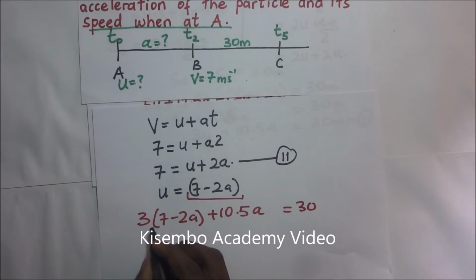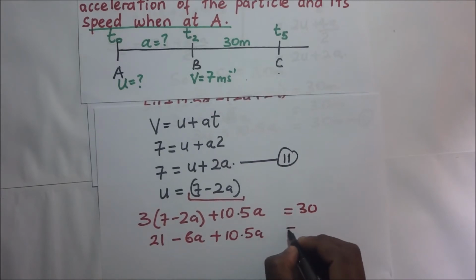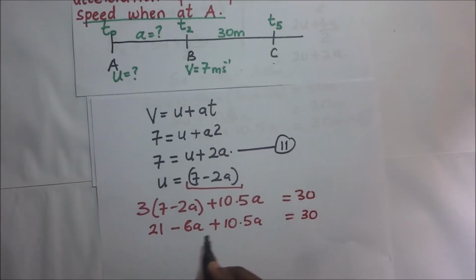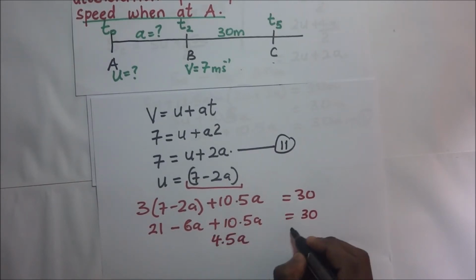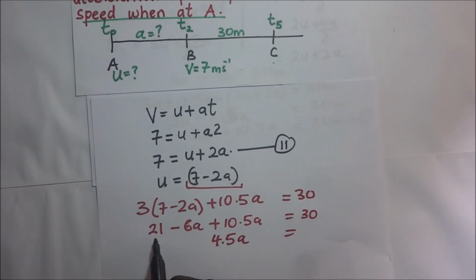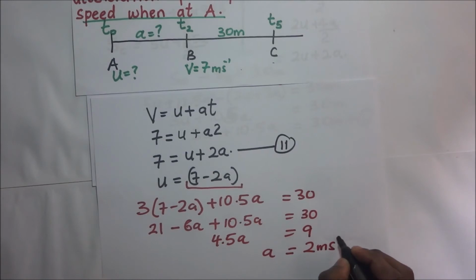So definitely this is 21 minus 6a plus 10.5a, giving us 30. Negative 6a plus 10.5a is going to give us 4.5a, is going to give us 30 minus 21, giving us 9. Then our value of a definitely there is 2 meters per second squared.